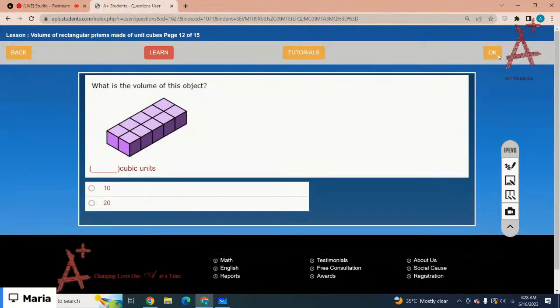What is the volume of the object? You have 2 rows each having 5 columns. So you have to do 2 times 5. So 2 times 5 is 10. That means the object has the volume 10.